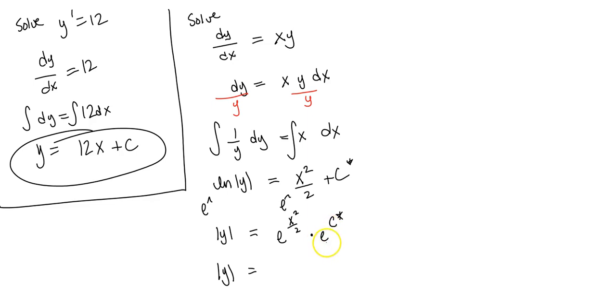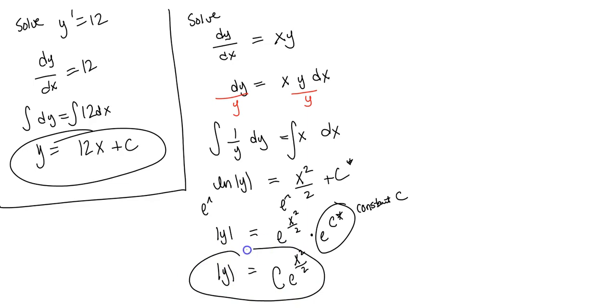Because e to the c star is just a constant. So this is a constant, and we're going to call it c, and I'm going to put it out front. So I get c e to the x squared over 2, and that would be my answer. You can leave the absolute value bars on there because we don't know for sure what c would be, but in this case it would force it to be positive. So we'll leave it like that.